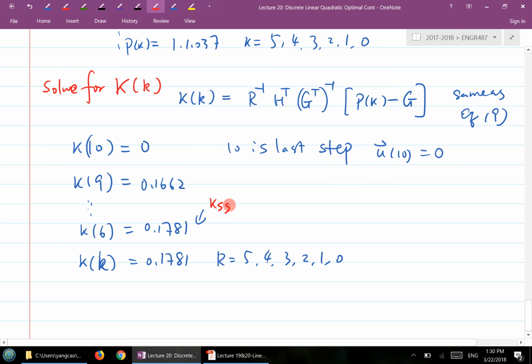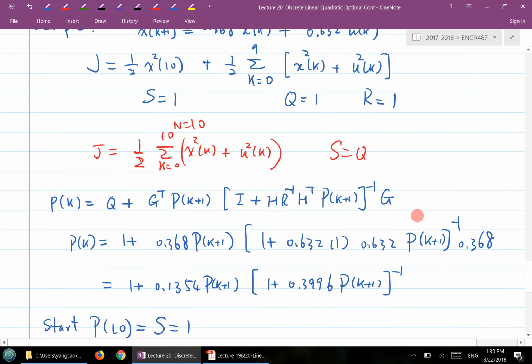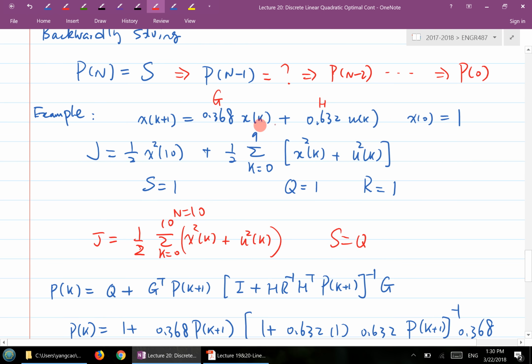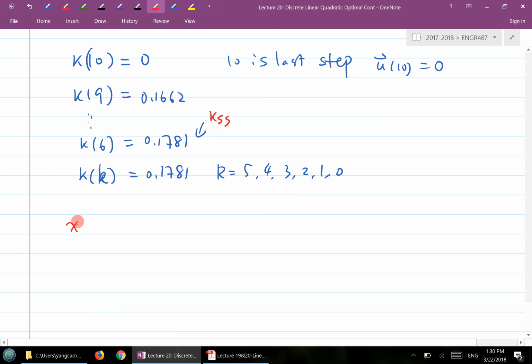You could now look at the response of the system, because you got your K now, and your system is a very simple system like this one here. You can simulate the system: x of k plus 1 equals my original system, this is H right here, negative K times x of k.